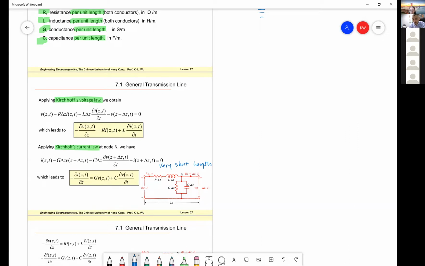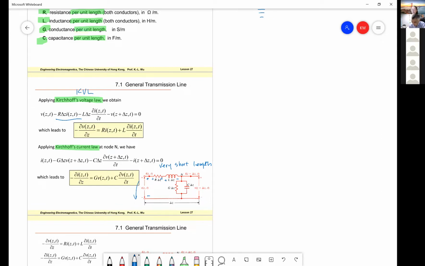If you apply KVL, the voltage here equals the voltage drop over resistance, voltage drop. Because this voltage is our reference direction, the other voltage will be in the negative direction.